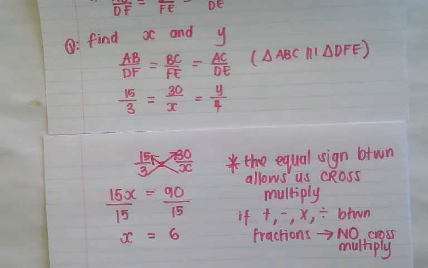There we go. So you could have simplified your fraction on the left to make it 5 over 1. That would have been acceptable, but you don't have to.